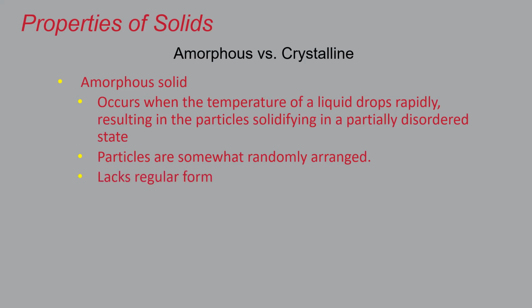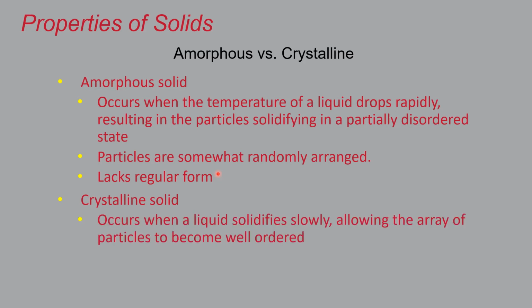And they tend to lack a regular form. So what happens is that there are small regions of these solids where they are lined up to where they're supposed to be, but the regions don't line up very well with the other regions. So there's little long-range order in the solid. Crystalline solids are pretty much the exact opposite. Again, with the same compound, you could make an amorphous solid or a crystalline solid.